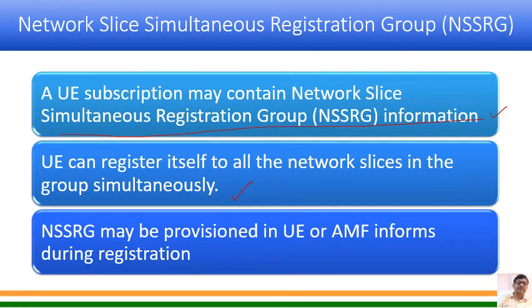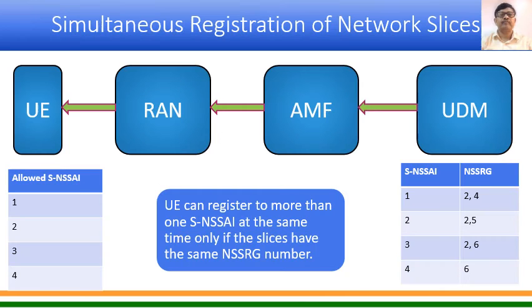Where will this information be available? Either the UE is provisioned, so the UE itself has the NSSRG information, or during registration the AMF passes that information on to the user equipment. In this example, the UE can register to more than one network slice, that is, a single NSSAI, at the same time only if these slices have the same NSSRG number.